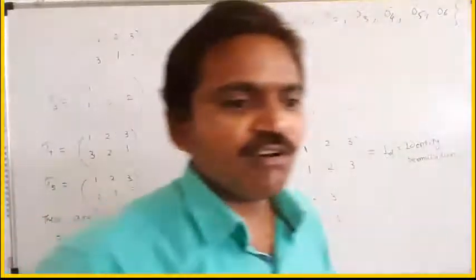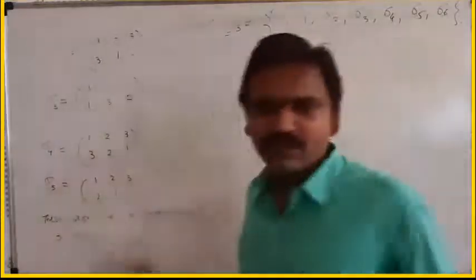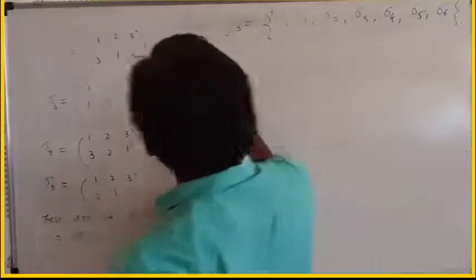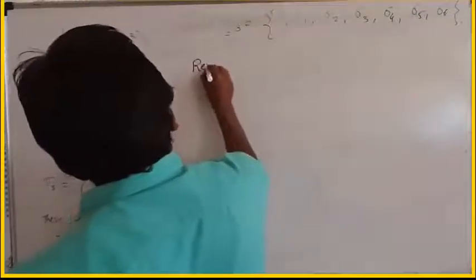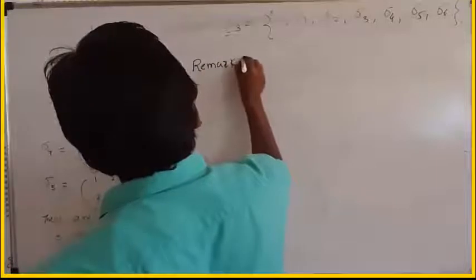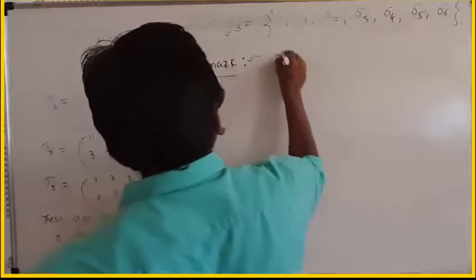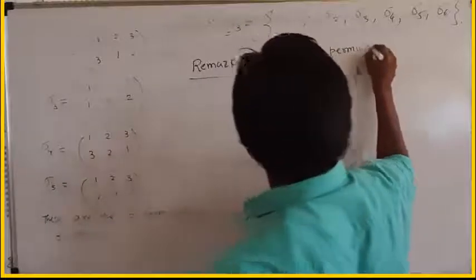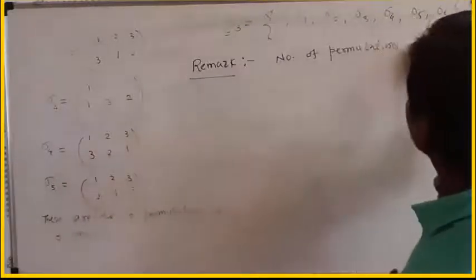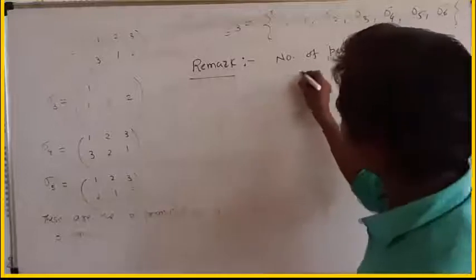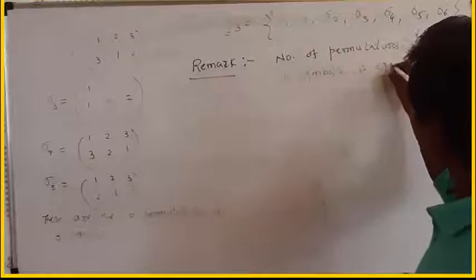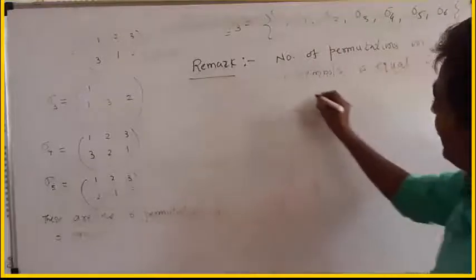Can you list all elements of S4? Take one remark, which we will prove later on: how many permutations on n symbols are there? The number of permutations on n symbols is n factorial.